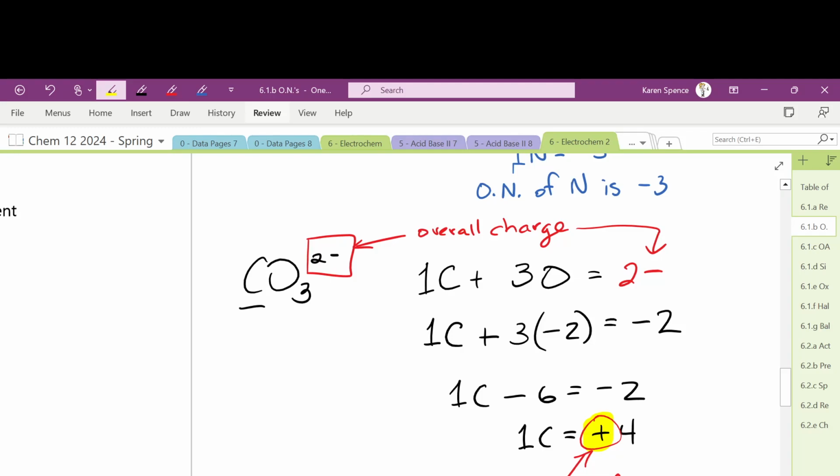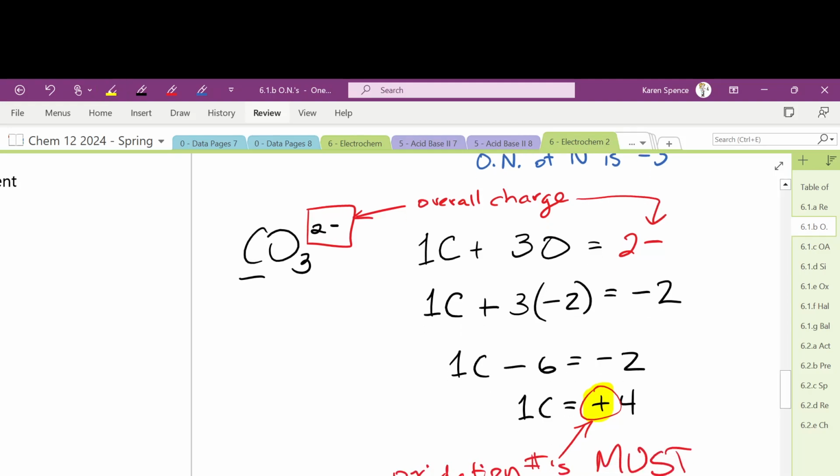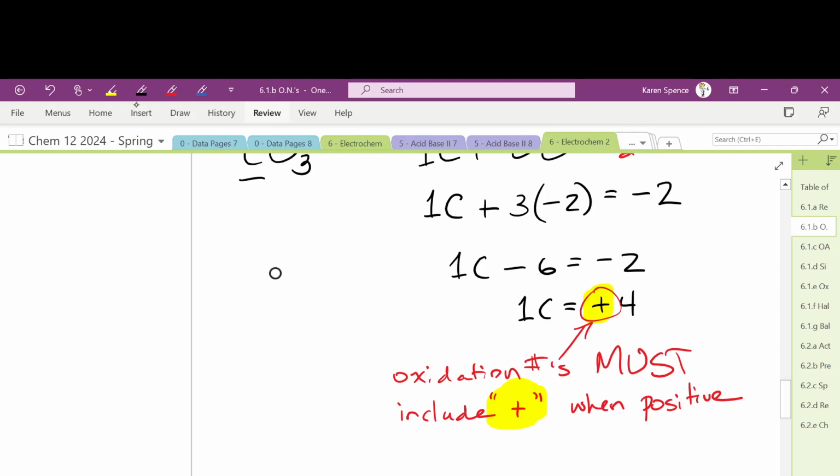And now we're going to get into one of the examples of a goofy one. C3H2O2. And we're going to find the oxidation number of carbon.